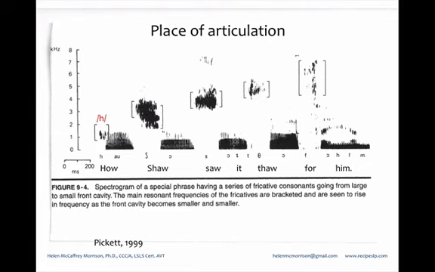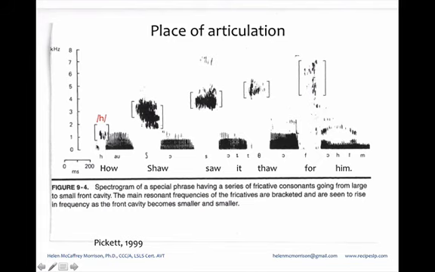And so the first phoneme in this spectrogram is the h. And because of the way this spectrogram is printed out, we don't have the broadband energy that we've seen in other spectrograms, except here for the f. But we're seeing where the greatest energy is.